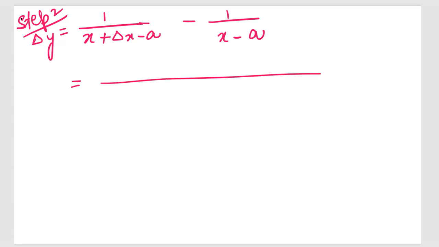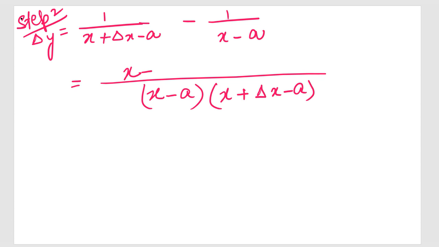How will we solve it? By taking the LCM, and the LCM is x minus a into x plus delta x minus a. Here we have x plus delta x minus a, and here we have the same thing, so these two will cancel. So for the numerator we have only x minus a, minus, whenever you see a negative sign, you should be very careful in maths. Then x minus a will cancel, so here we have x plus delta x minus a.